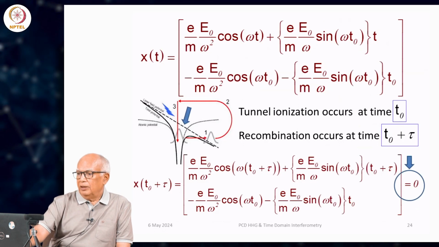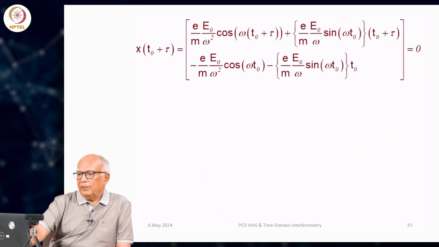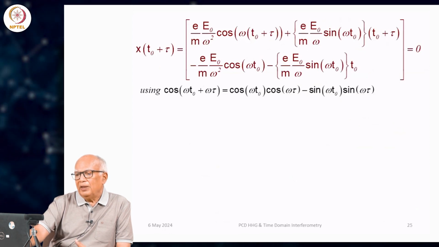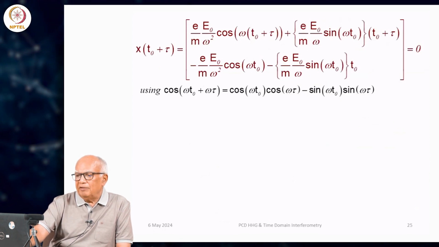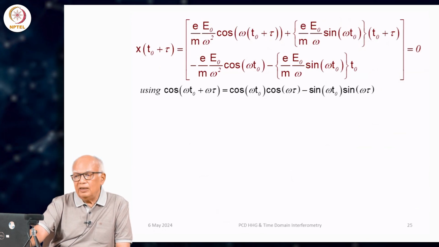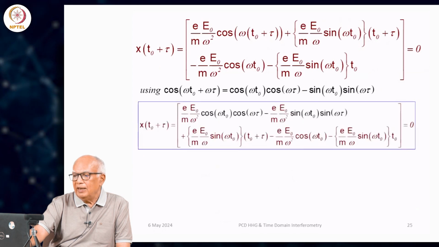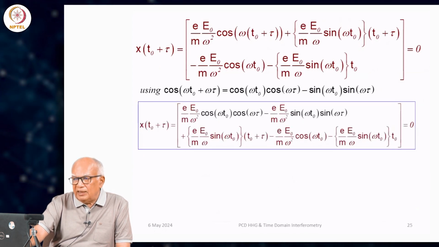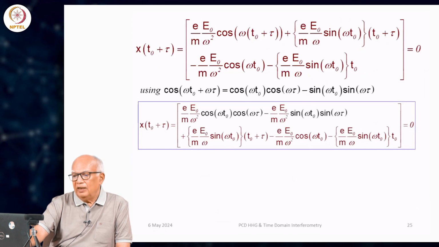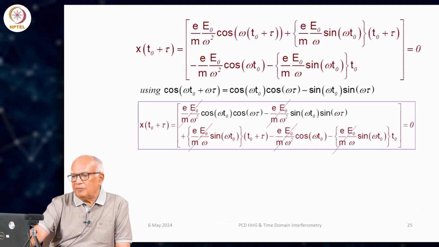Okay. So, here you have the x at t0 plus tau. You can use some simple trigonometric relations. I will not go through these steps, which is high school mathematics, but insert these expansions for yourself and convince yourself that this is what you get.